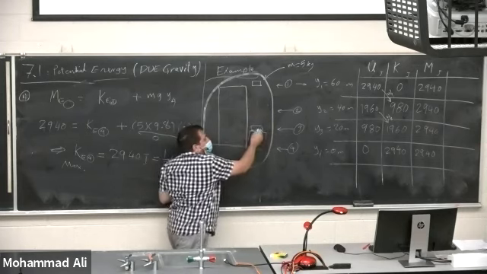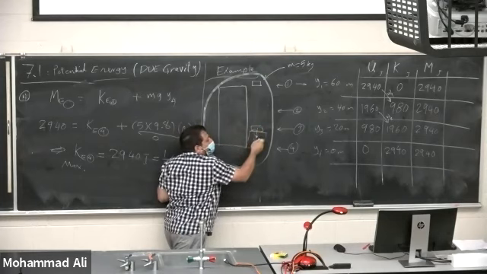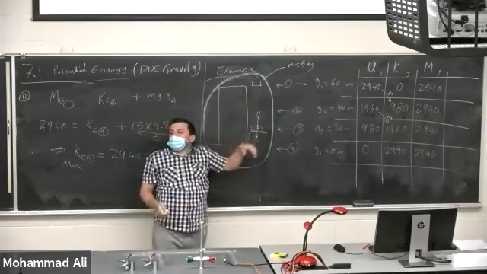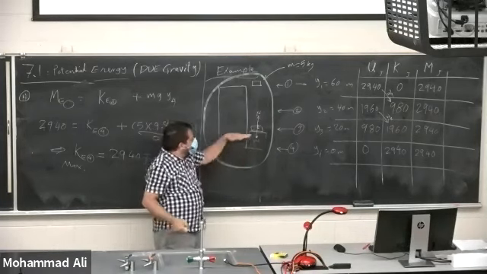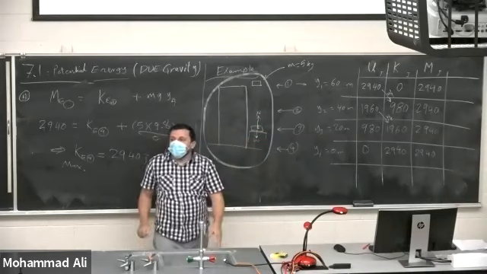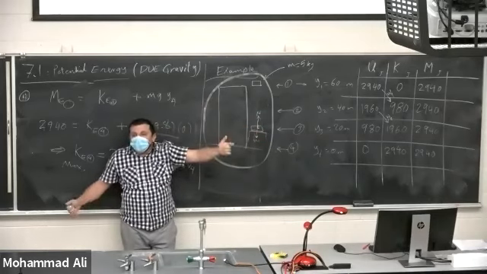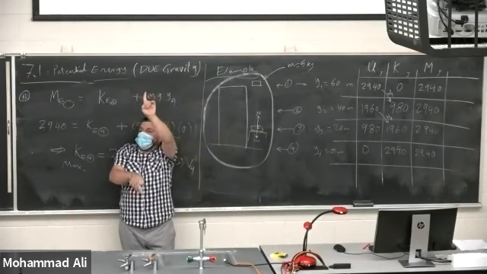We have the weight downward and we have the normal force upward. How much the total force? If we have a table like this, how much the total force vertically? 0, because the weight is the same as the normal force.